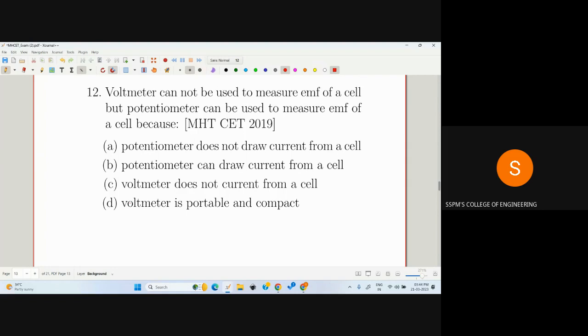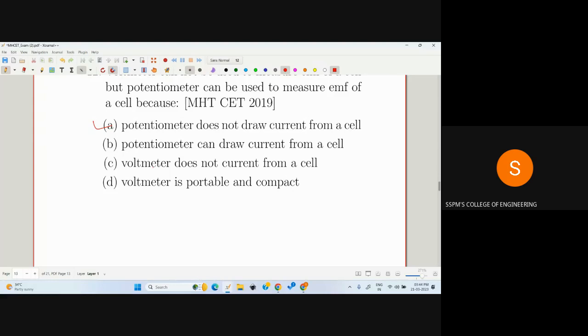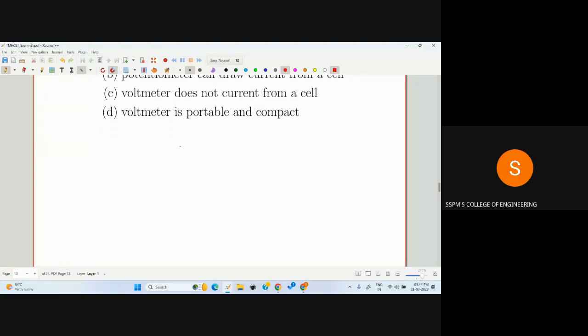Option A is the correct one because when the potentiometer is balanced, let me draw the circuit of the potentiometer. Here the cell E is connected with internal resistance R. The resistance R is connected in series with E. The voltage drop across R is zero under balance condition because there is no current.